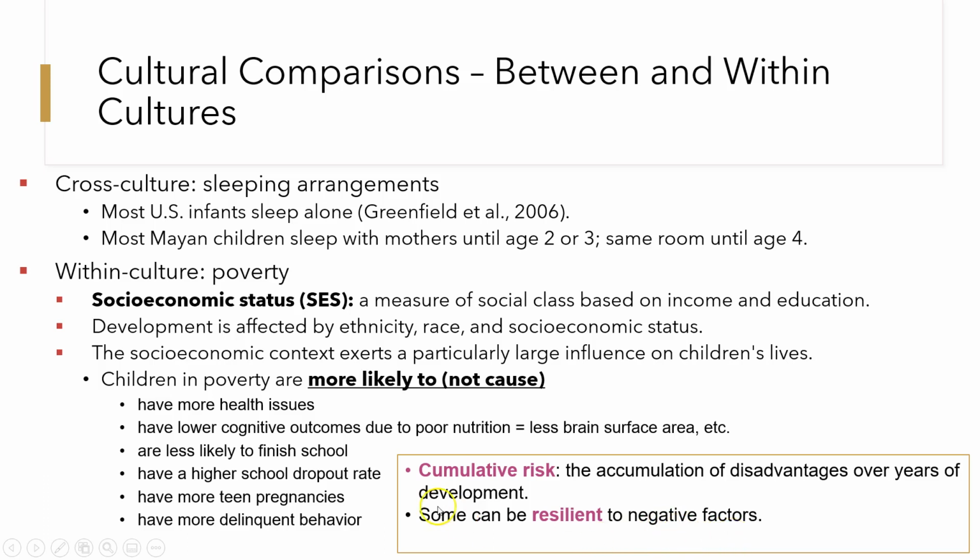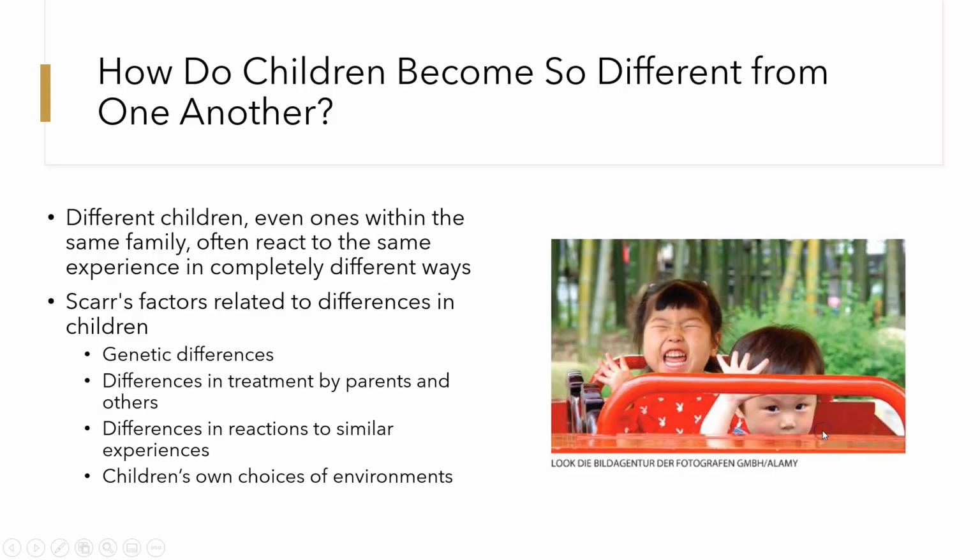There are children who grow up in poverty, who have been neglected, who have gone to not the best schools, who may have friends who are not the best influence, and yet these children turn out just fine. And the question is, how is that? Why is that? What are the resilience factors there?